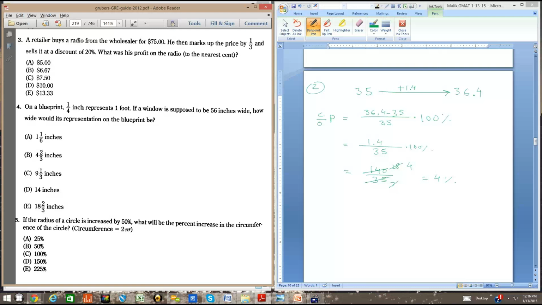One second. I got it to the fraction. I guess I'll walk you through what I did first.